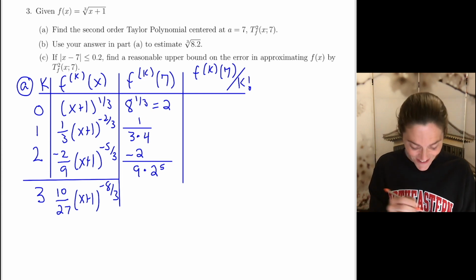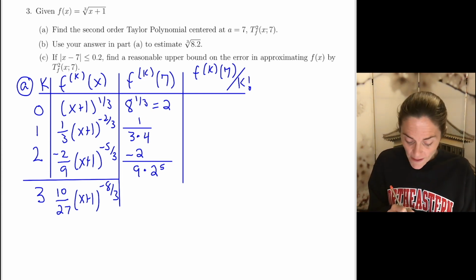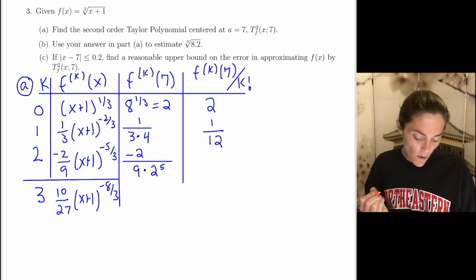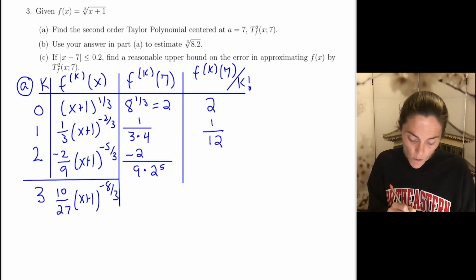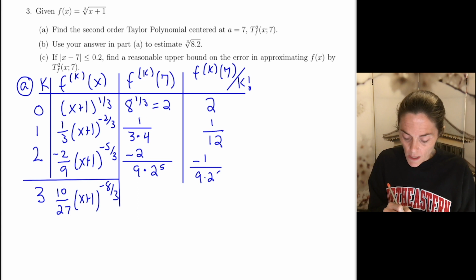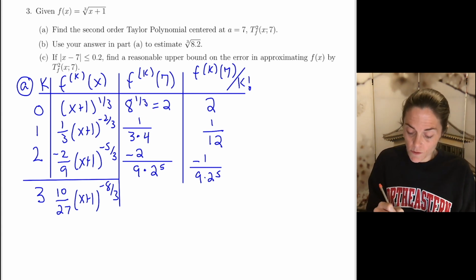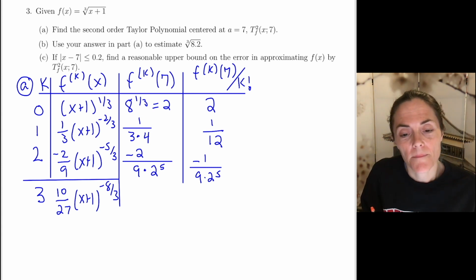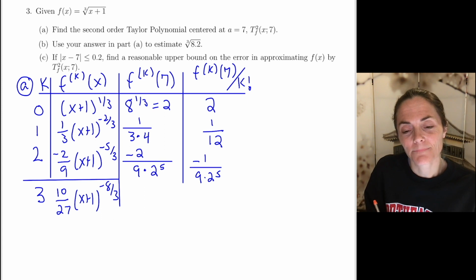We divide by k factorial. 0 factorial is 1, and 1 factorial is 1. But now 2 factorial is 2. So this will just be minus 1 divided by 9 times 2 to the 5th. Let me come up here and do this. 2 to the 5th is 16 and 2, 32.